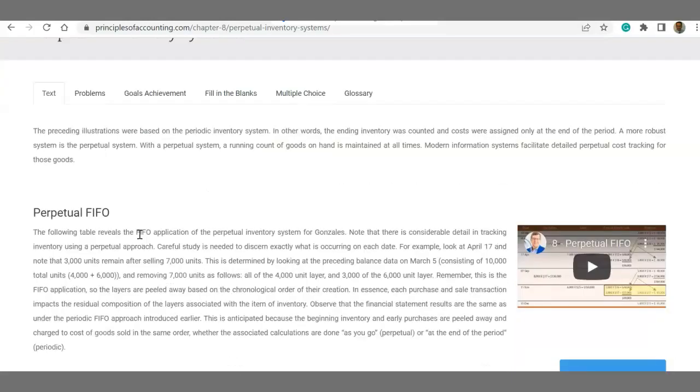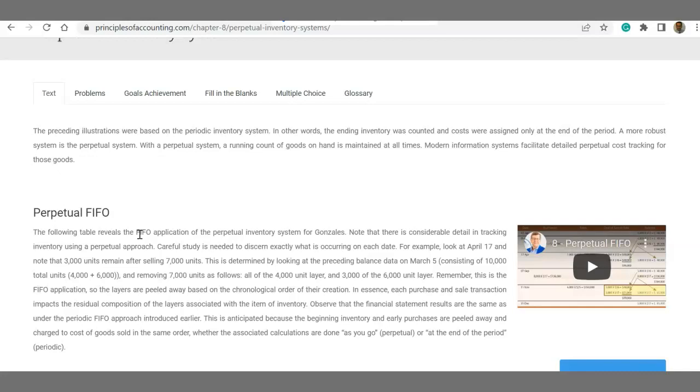So if you, let's say, go to Macy's and you buy a t-shirt, immediately after they scan your t-shirt, the computer will deduct one t-shirt from the inventory, will recognize the cost of goods sold, and Macy's immediately knows how many t-shirts are left in the inventory.